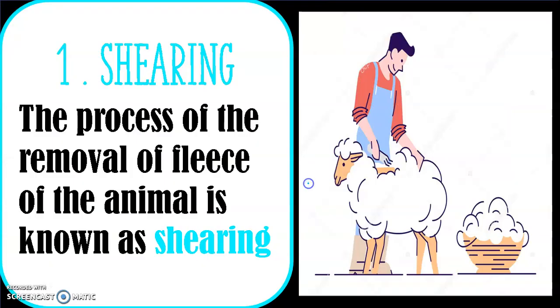Let's see that. The first process is shearing. What happens in shearing? The process of the removal of fleece of the animal is known as shearing. When the hair of the sheep or any other animal is removed, it is known as shearing. You see, this person is taking out the fleece or the hair of the sheep.